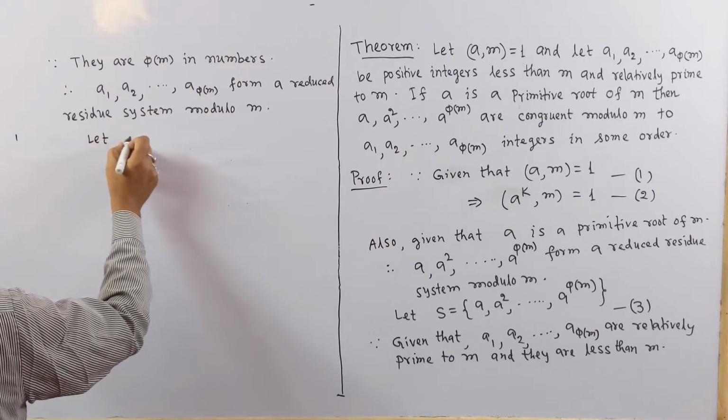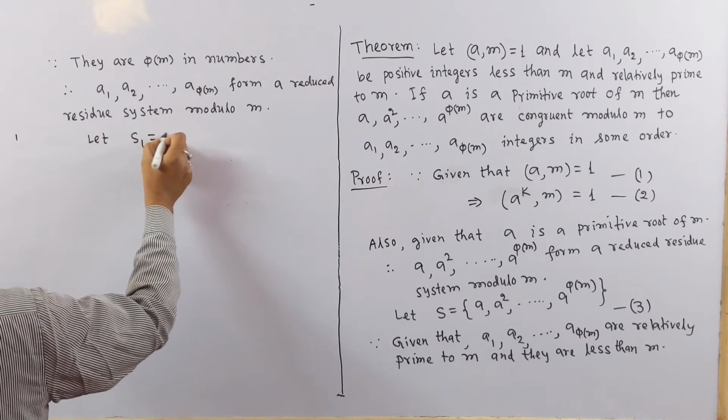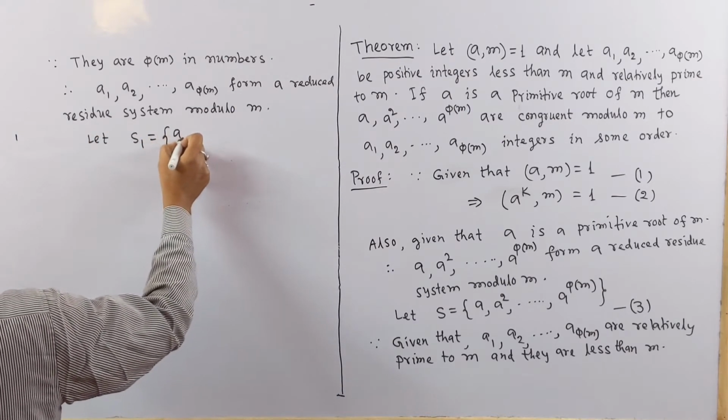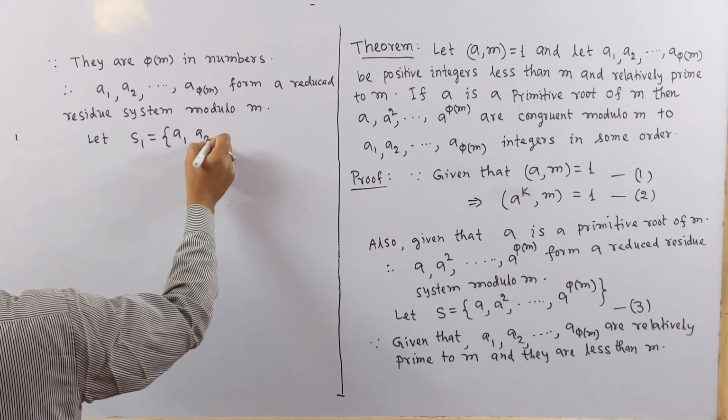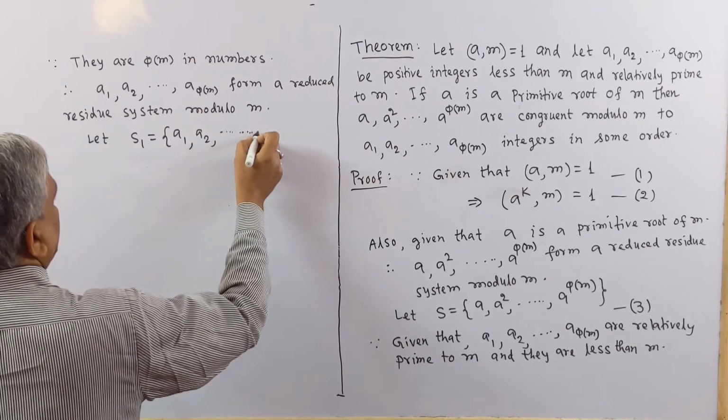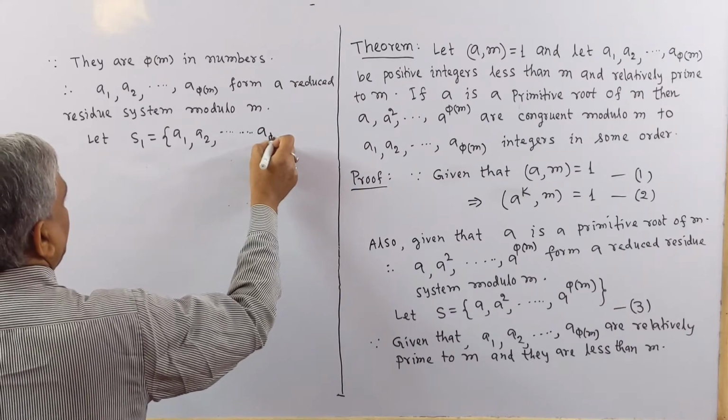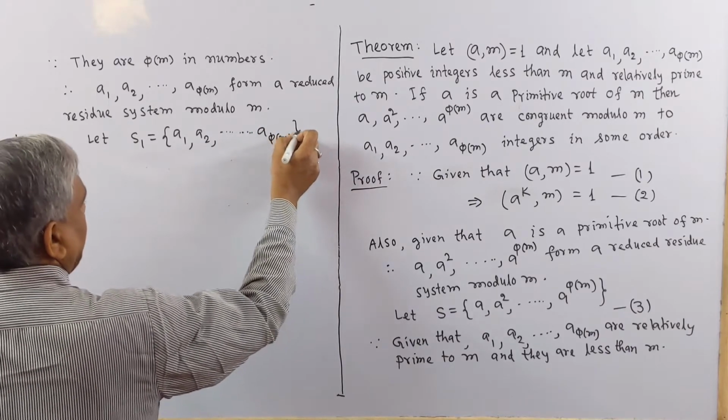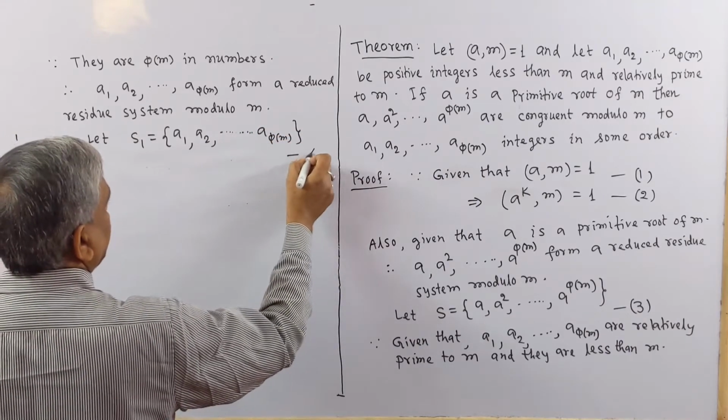Let S1 is a set containing all these integers a1, a2, dot dot dot, a phi m. Let this is number 4.